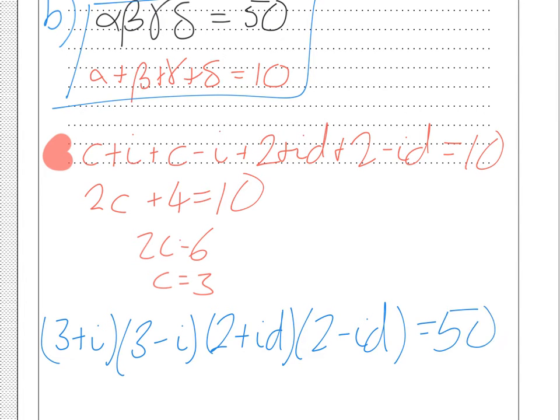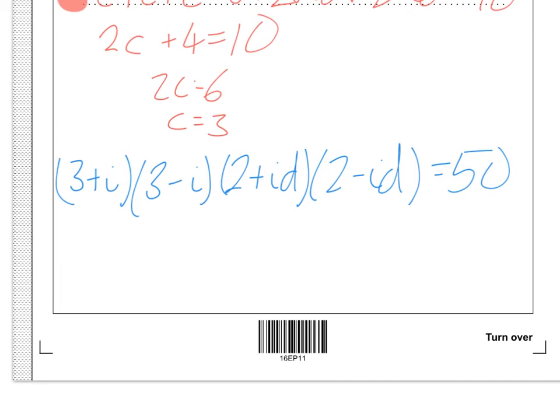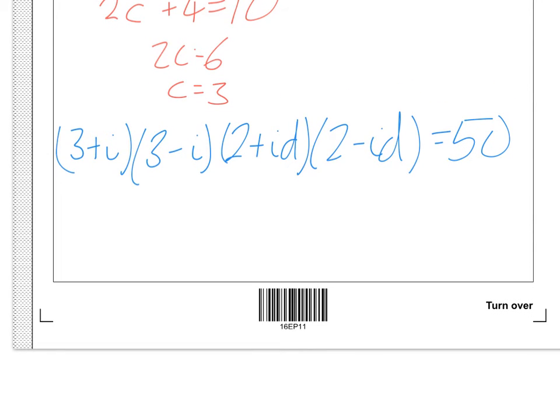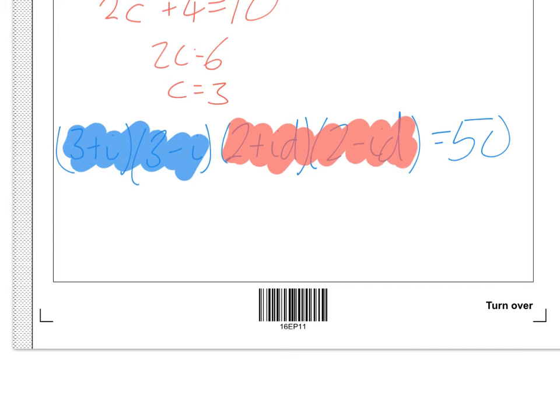If we think about these complex conjugates in pairs, 3 plus i times 3 minus i, the imaginary parts will cancel out, so that's going to be a real number, and 2 plus id, 2 minus id, the imaginary parts are going to cancel out, it's also going to be a real number. You could even evaluate this on your calculator, 3 plus i times 3 minus i. However you did it, you'd find it's 9 plus 1 is 10.